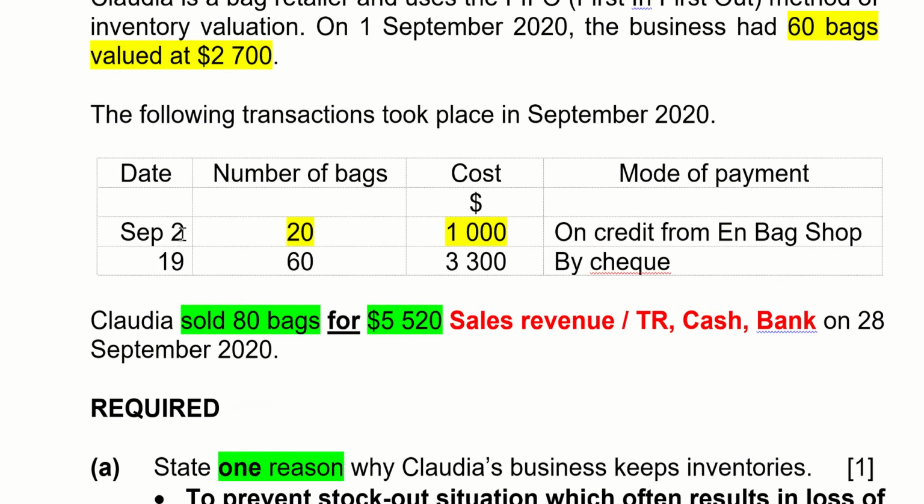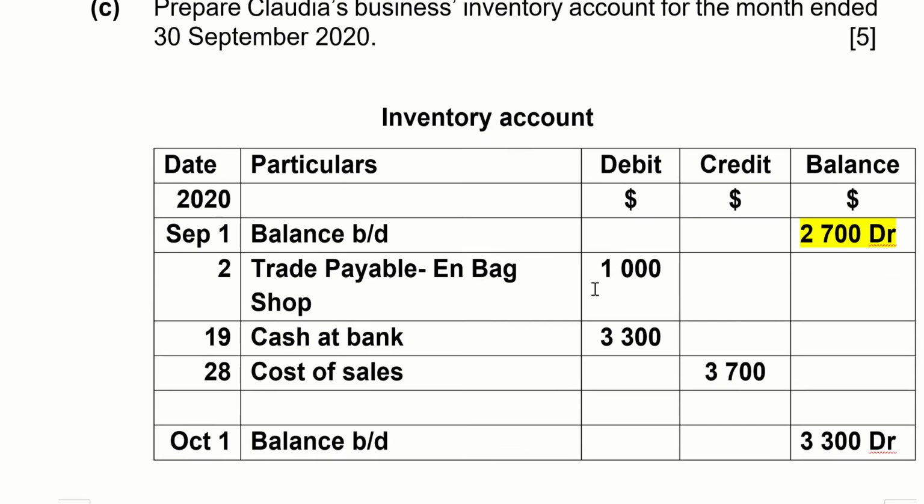these transactions took place. You bought some 20 bags on credit from N-Bag shop. What I'm highlighting in this light blue, this $1,000 that's bought from N-Bag shop, and that's where I am recording inventory account increased by $1,000.